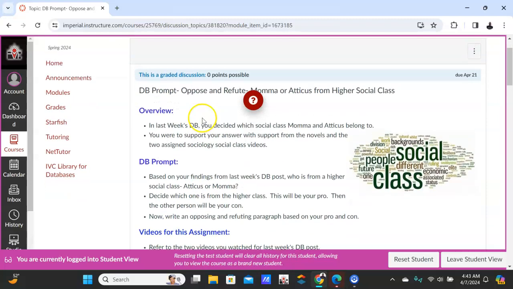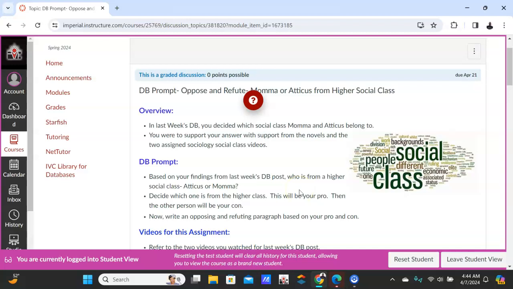So in last week's discussion board, you decided on social class for Mama and Atticus. Perfect. Now in this discussion board, you're going to say, based on your findings from last week, who is of a higher social class, Atticus or Mama? Okay, so it may be kind of obvious, but this is for practice for opposing and refuting. So decide which one you think is from a higher class. This will be your pro.